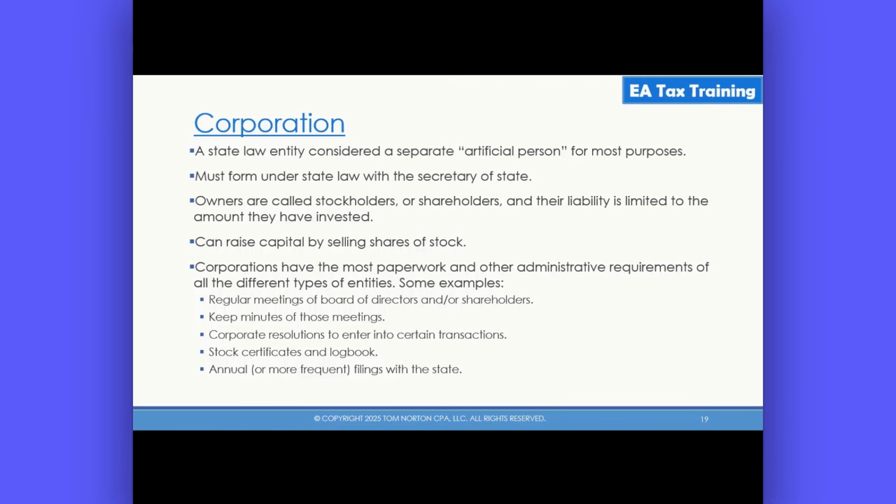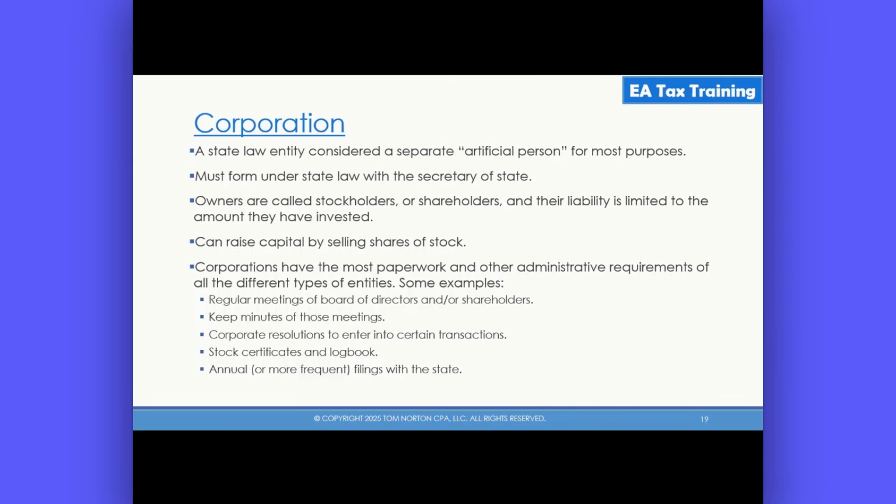So, it might say if you have a transaction over a certain dollar amount, then there has to be a corporate resolution that authorizes that. Or if you're going to borrow money over a certain dollar amount, there has to be a corporate resolution to authorize it. So all of these resolutions and these minutes and these records have to be kept in something we call the corporate book. And you have to make sure that you've always kept this book up to date.